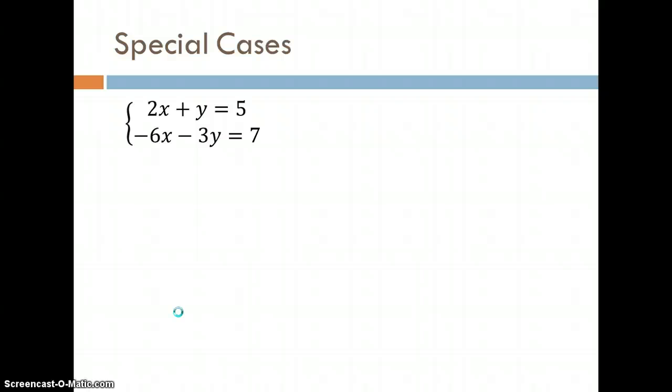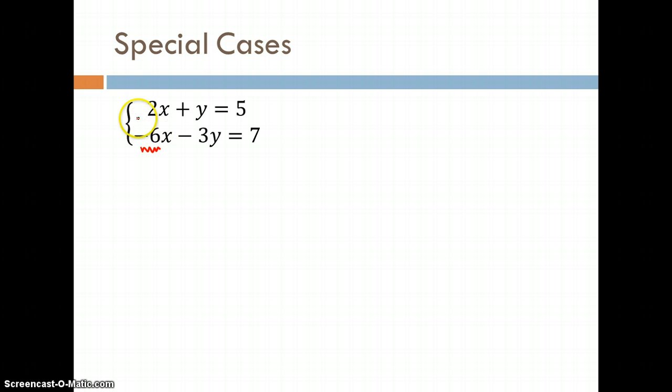So let's look at one more here. What's going to happen with this particular one? Well, both of these equations are in standard form. Say to yourself, what method would I like to use? Elimination looks like the best method to choose. I want to eliminate the x's.